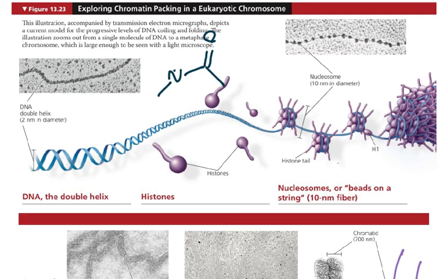And now the DNA says, I have a negative, but I can't find a positive, so I don't know why I'm supposed to stick around near this histone. So all of a sudden that association between the DNA and the histone breaks, and it's a lot easier for the DNA to be accessible to RNA polymerase and to be transcribed when that histone isn't in the way.